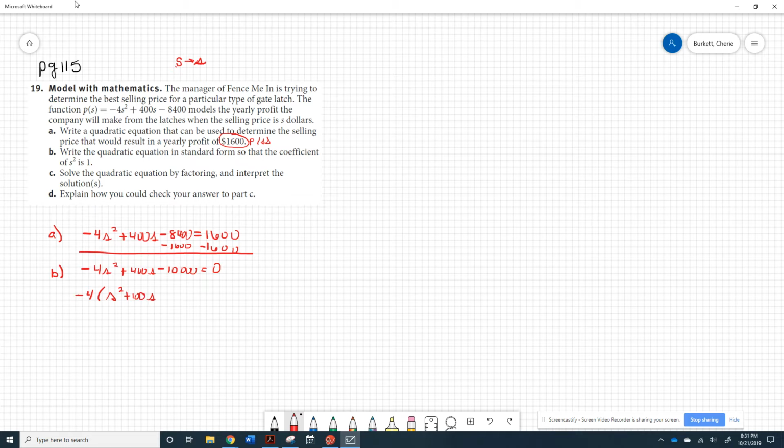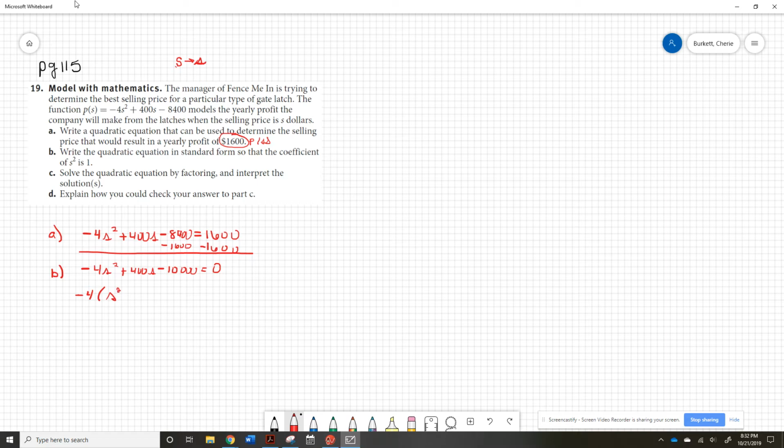So if I undistribute the 4, then 10,000 will leave me 2,500. Now, I also am pulling out a negative 4, so I messed up on my sign right there. Because if I divide 400, oh, of course, it messed up. So let me go back and rewrite.